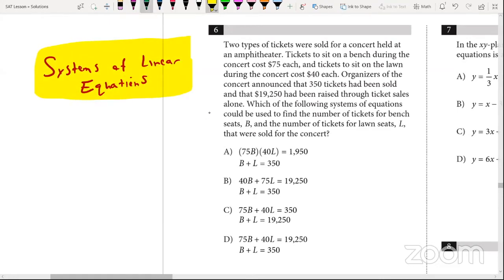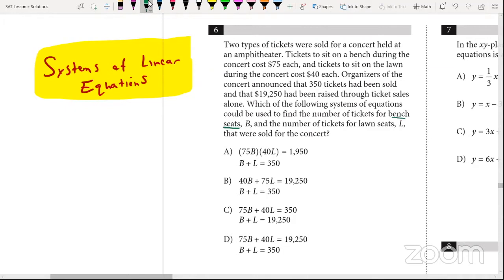This is the one that people would call, quote unquote, a word problem, even though most of the questions in the SAT can be referred to as word problems. But in any case, they're telling us that B is the number of bench seats. If I can get this to work.